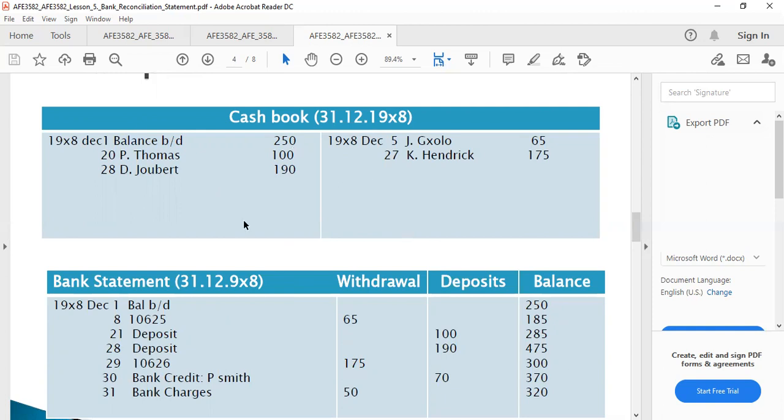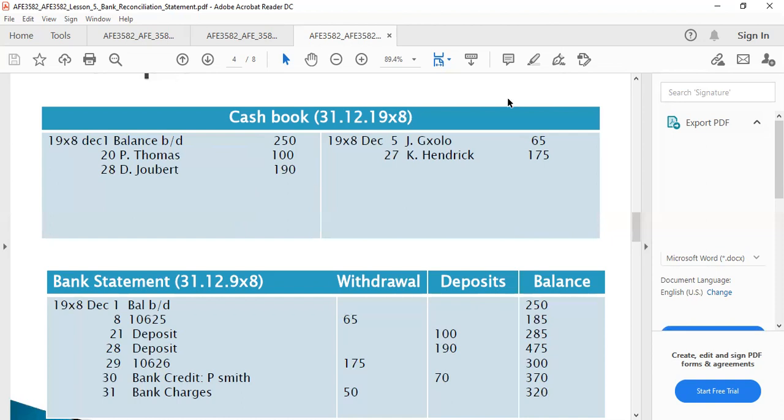That's why in a cash book you record it on the debit side, that I received money, my account increases, so I should debit it. But with the bank statement, when you receive money, your account is credited. That's why the debit side of your cash book is the same as the credit side of your bank statement.